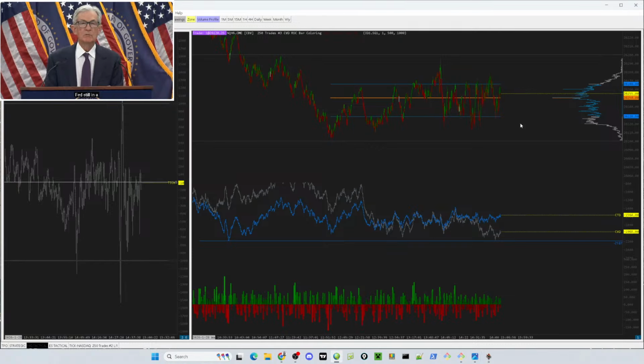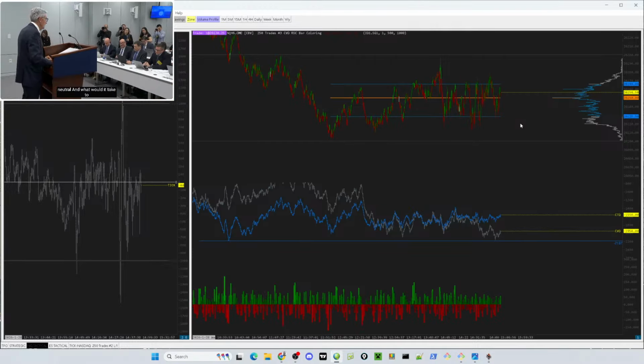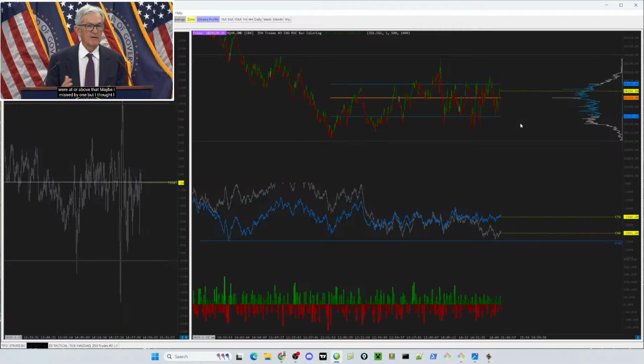So the count I did was that 4 of the 19 were at or above that. And maybe I missed by one, but I thought it was 4. And if you look at the dealer survey, it was 10 out of 58 at or above. So you're right, it's the higher end of the range. What we say is it's within the range of plausible estimates.